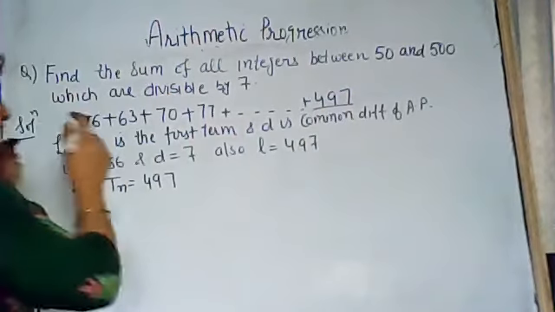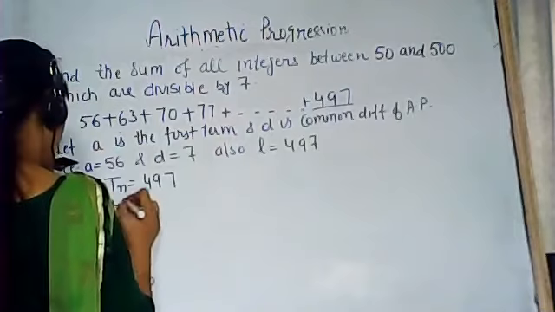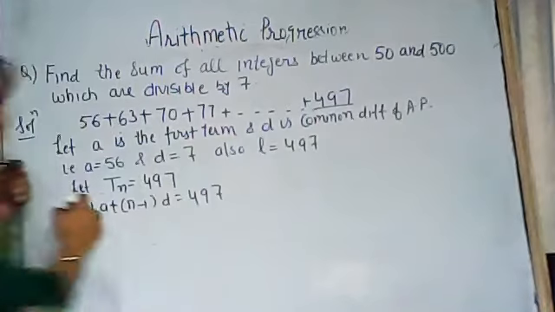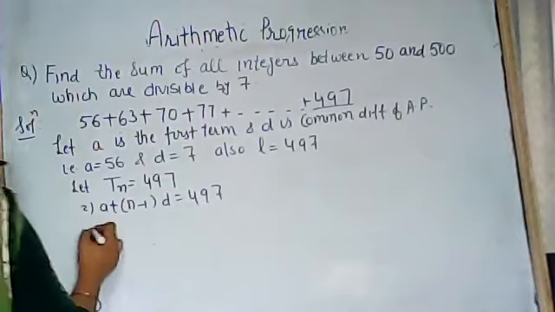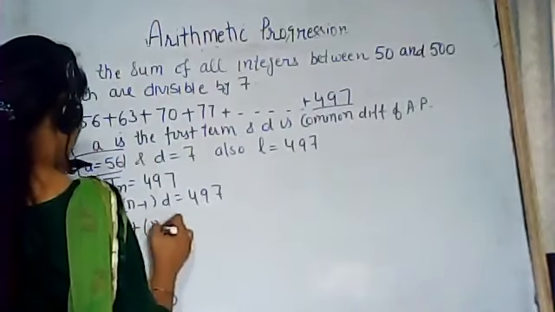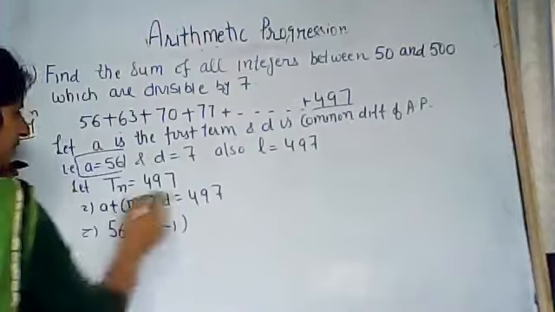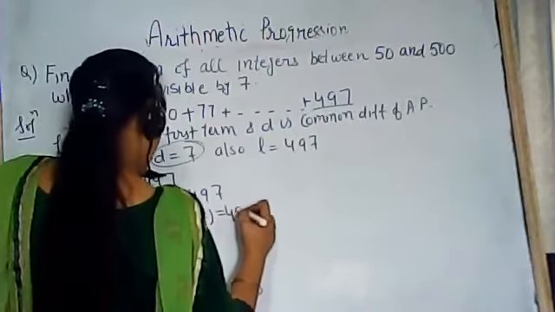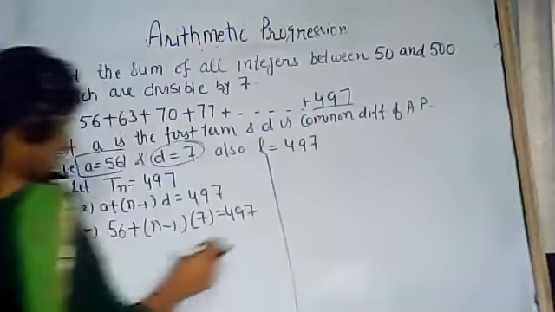Now, what is the formula for the nth term? a plus (n minus 1) into d. Now, substitute the values of a and d. a is equal to 56, n is a variable that we are going to simplify, and d is equal to 7. Now, simplify this relation.